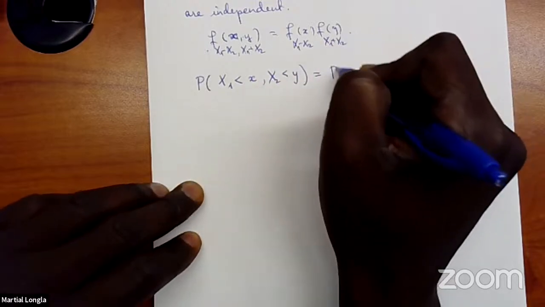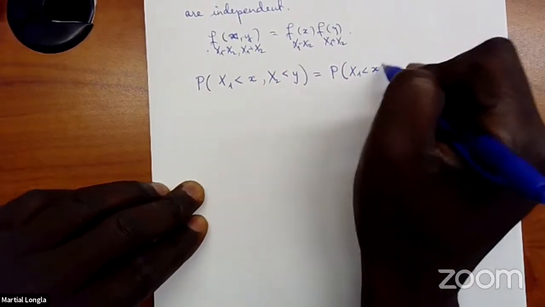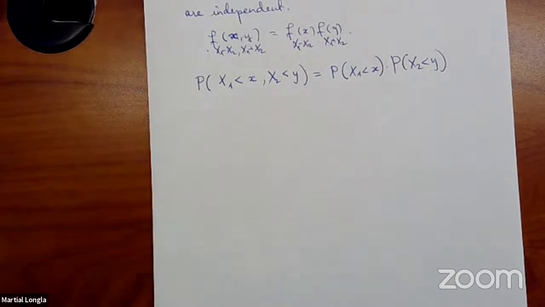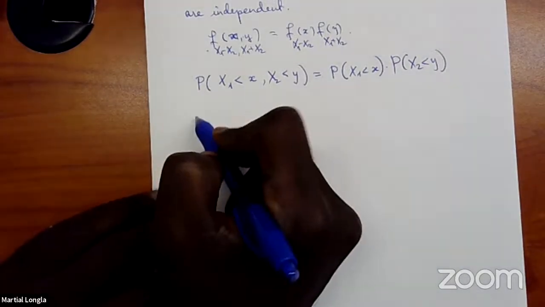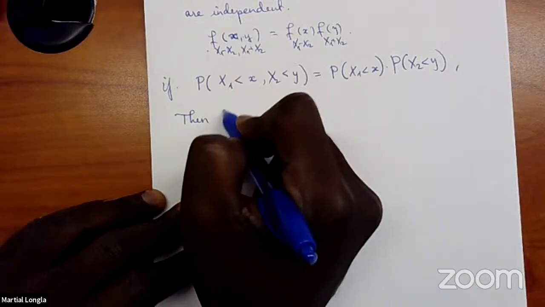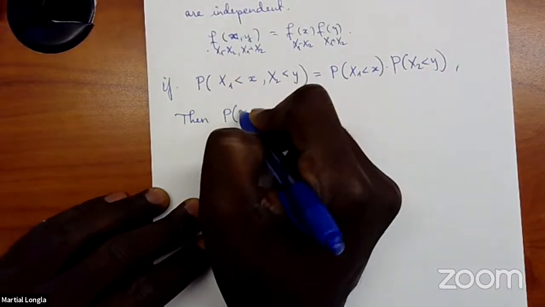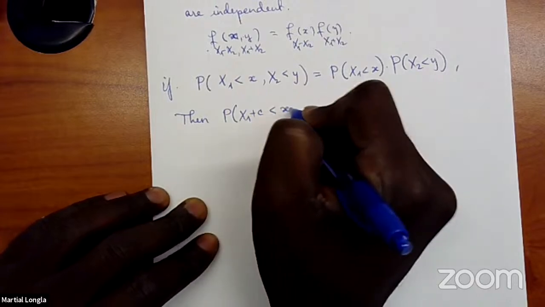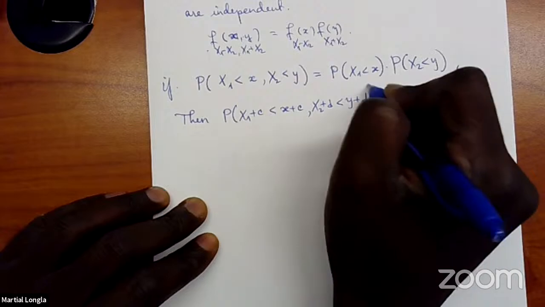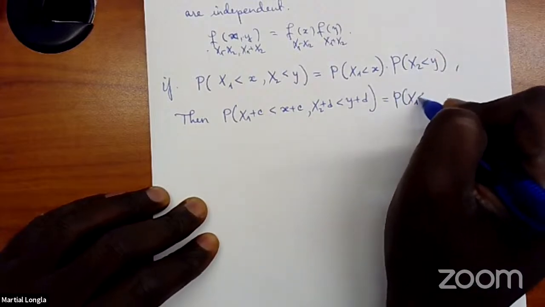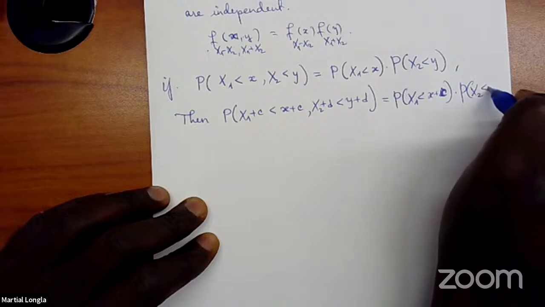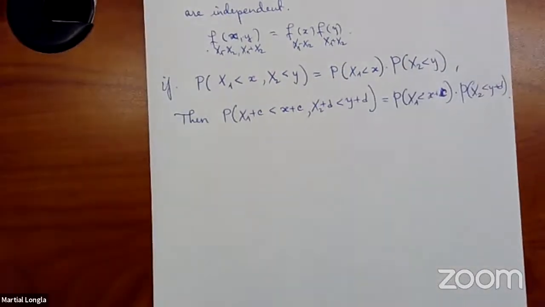If I say that this thing is equal to the probability that x1 is less than x times the probability that x2 is less than y, is it not true that the probability that x1 plus c is less than x plus c, and x2 plus d is less than y plus d, is equal to the probability that x1 is less than x plus c times the probability that x2 is less than y plus d? This is not true.